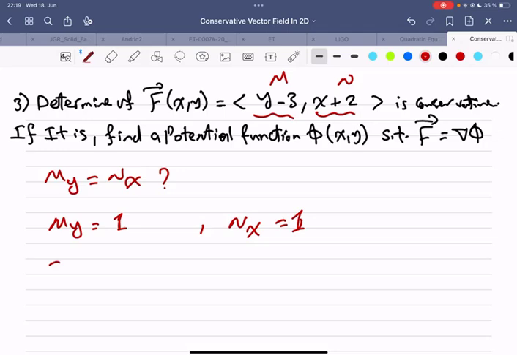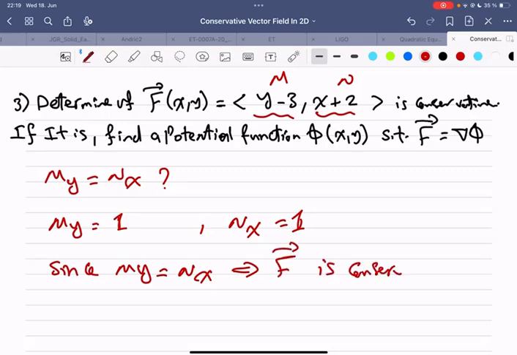So since M y equals N x, F is conservative. How to find phi?